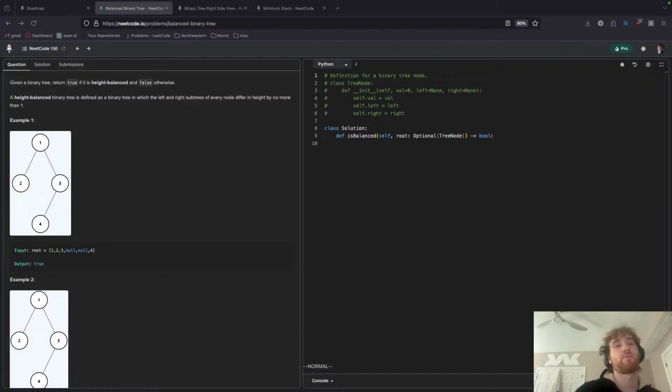Okay. I'm just trying to think. I know in a lot of these, it always seems like you need to keep track of height, so I'm really trying to see if there's a way without keeping track of height.